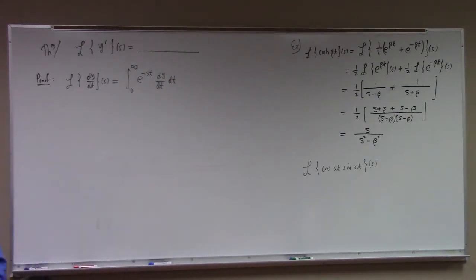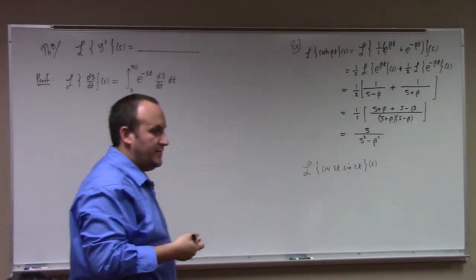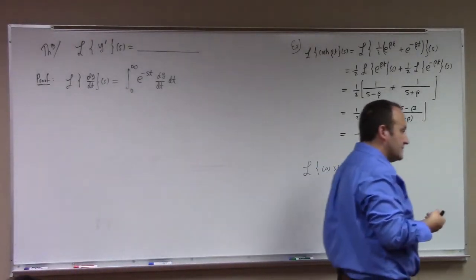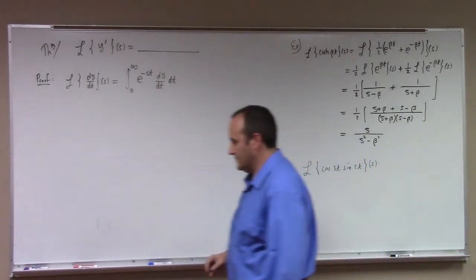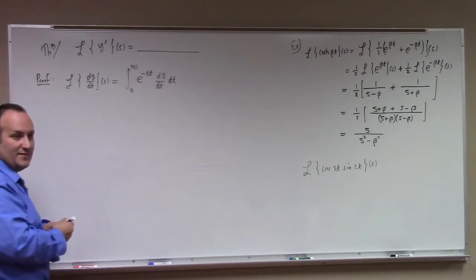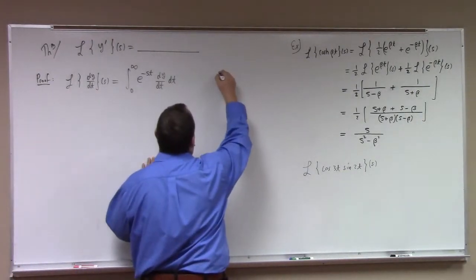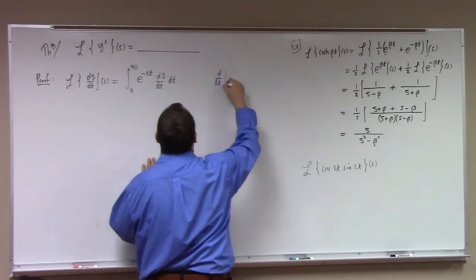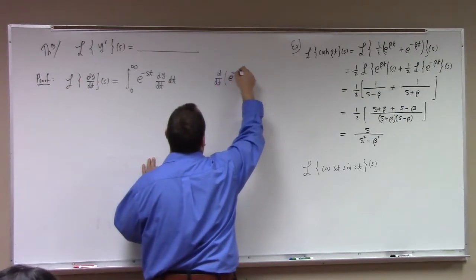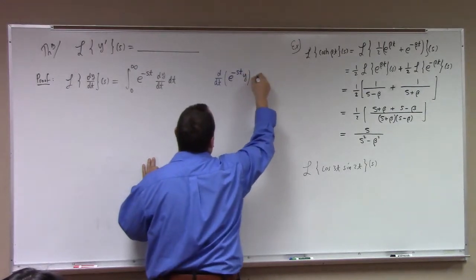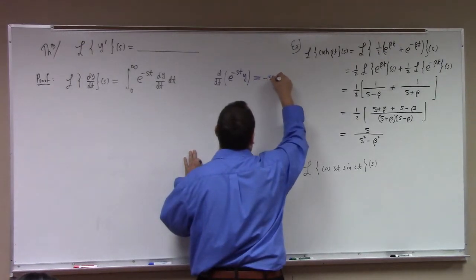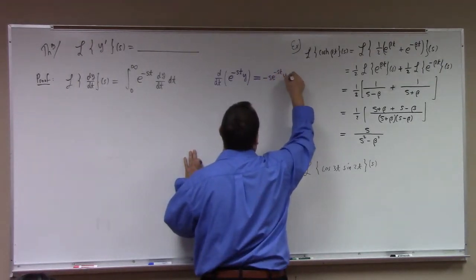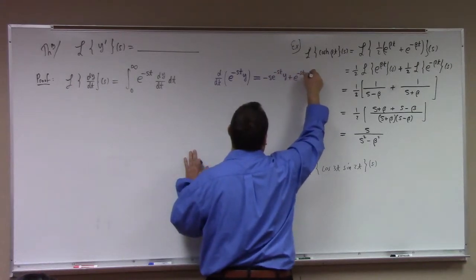Now, what technique of integration do we use to manipulate derivatives inside integrals? You guys are not forthcoming with something. Let me remind you something. If we calculate the derivative with respect to time of e to the minus st times y, then the product rule tells me what? This is equal to minus s e to the minus st times y plus e to the minus st times dy dt.